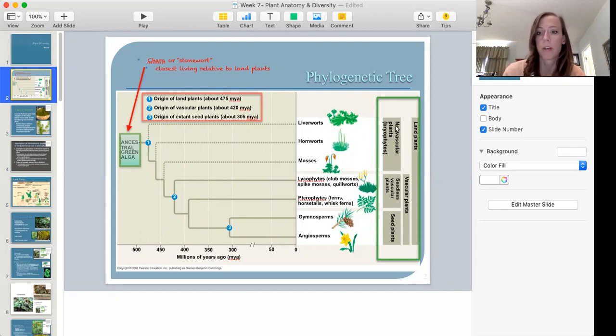So the most closely related to our ancestral green algae are the non-vascular plants, sometimes also called bryophytes. These don't have vasculature, which means that they don't have specialized cells or tissues organized for the movement of water up from the roots or the movement of food down from the photosynthesizing parts of the plant.